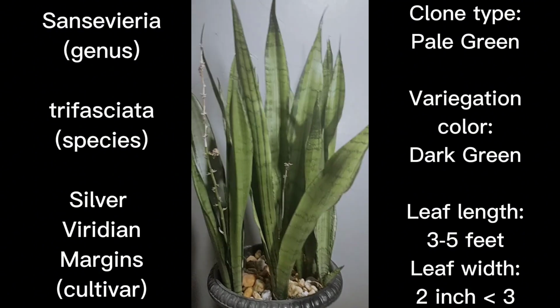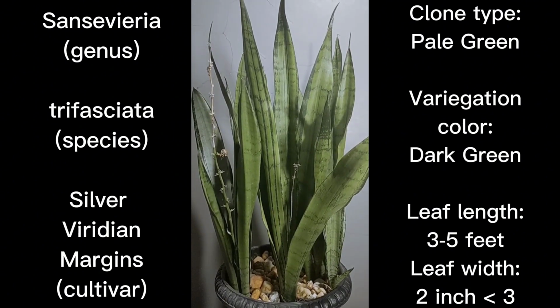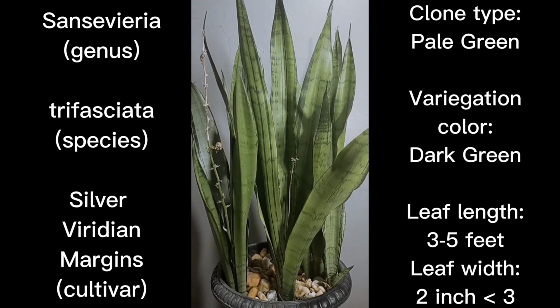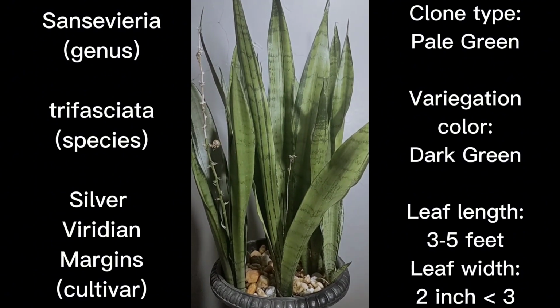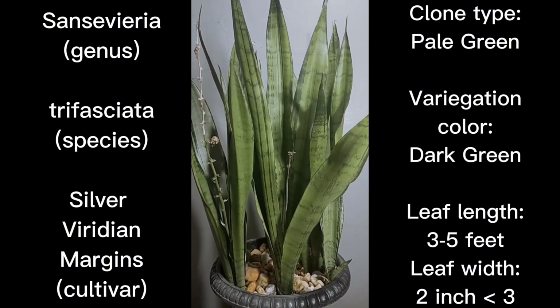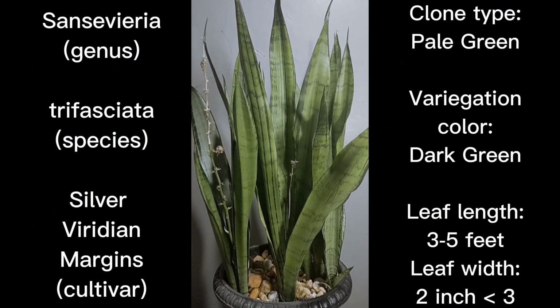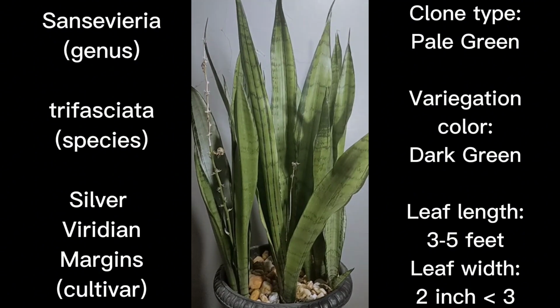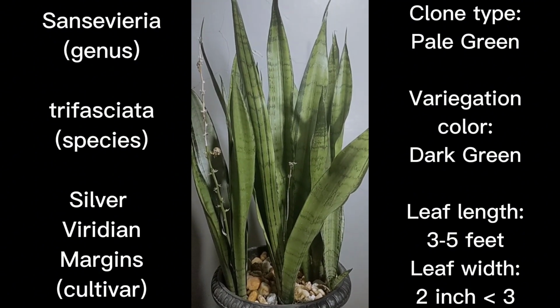So this is my own cultivar, folks, and I have shown you the characteristics of it. Most of the physical characteristics are trifasciata. I've shown you the inflorescence, so there's no need to discuss that because I have been featuring the trifasciata cultivars, and I have made a playlist for them.